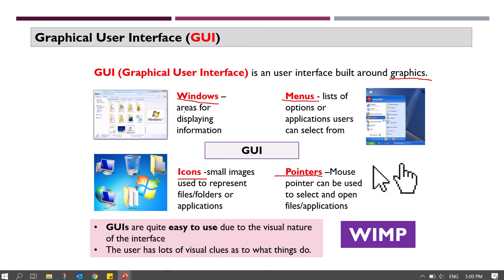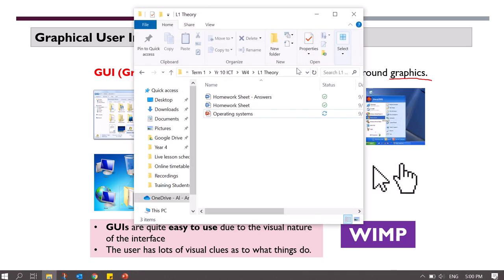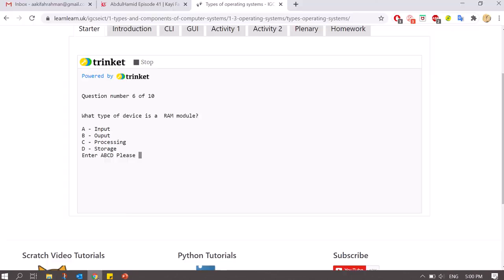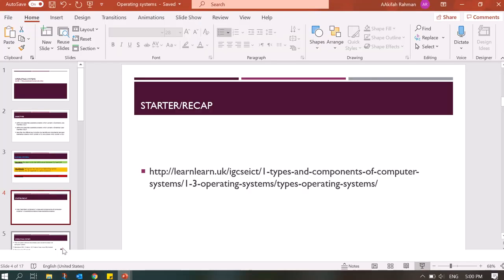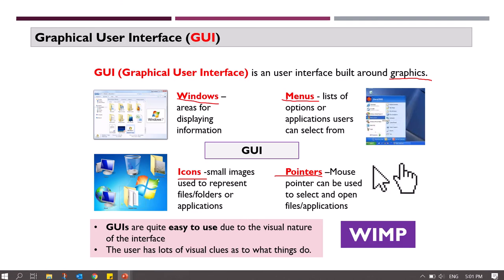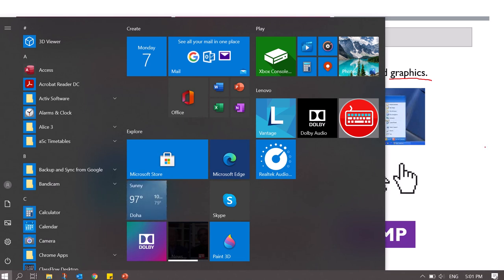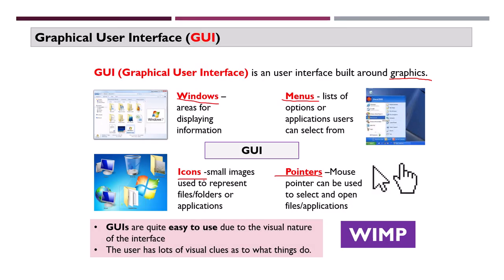What are windows? These are the areas where information is displayed. So for example, this is a window, this is a window and so on. What would a menu be? Menus are any list of options. So for example, the start menu is an example of a menu. What is an icon?